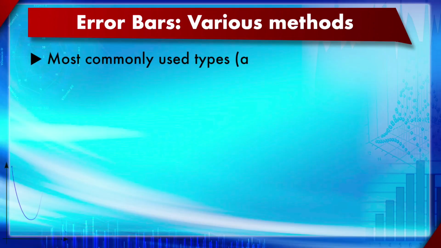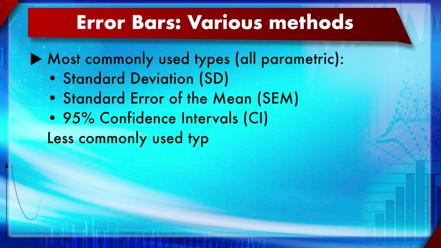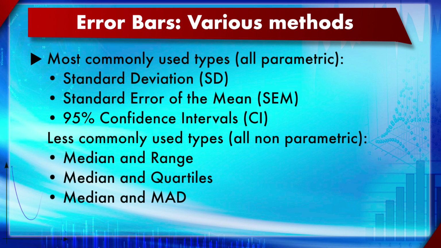The most commonly used parametric methods are standard deviation (SD), standard error of the mean (SEM), and the 95% confidence interval, which is also a parametric approach.